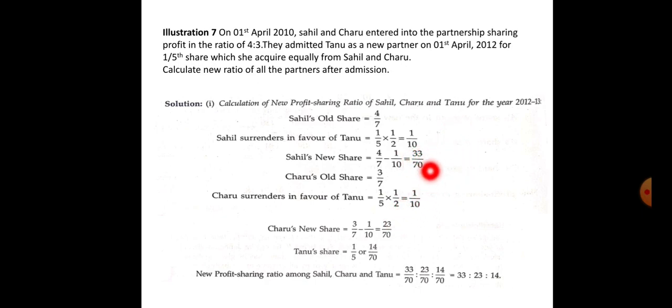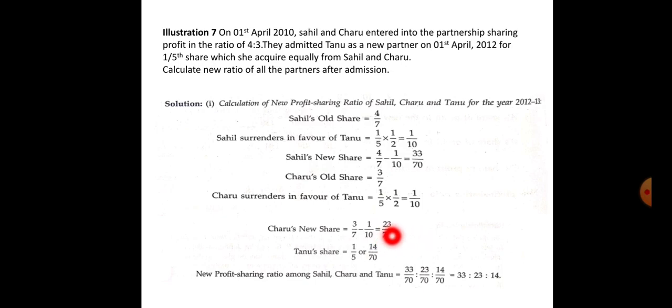ये इन दोनों की क्या निकल आई, this is the new profit sharing ratio after this admission. तो Tanu's share is 1/5, Sahil's share is 33/70, Charu's share is 23/70, Tanu's share is 1/5. To make the denominator equal to 70 we will have to multiply it by 14 both the sides, तो Tanu's share would be 14/70.